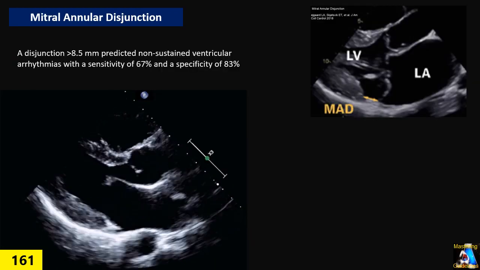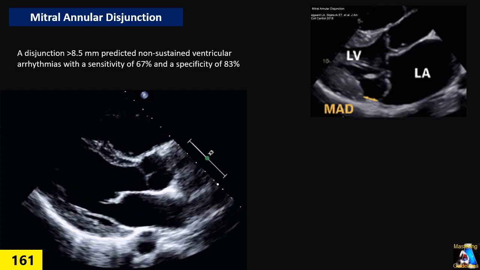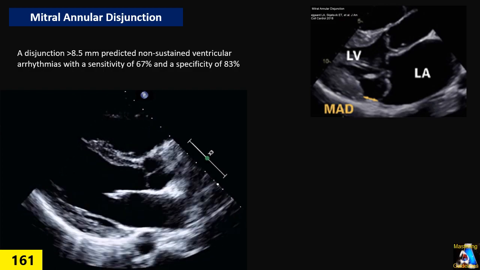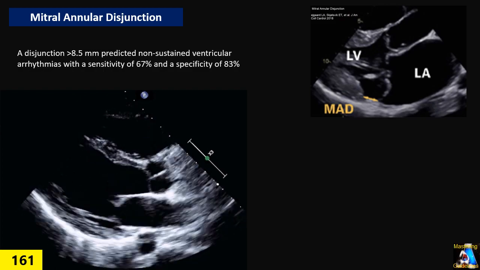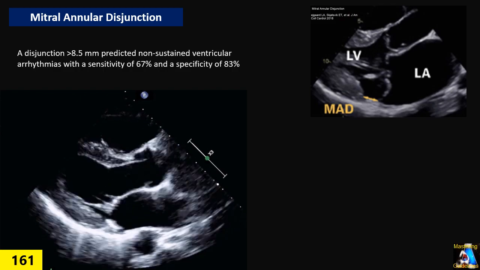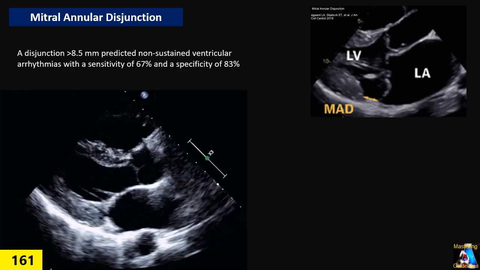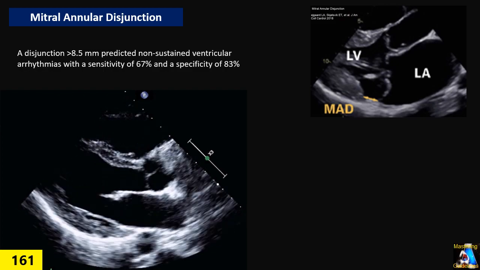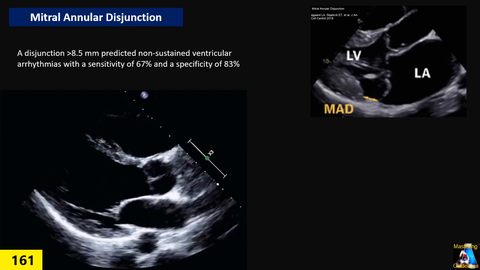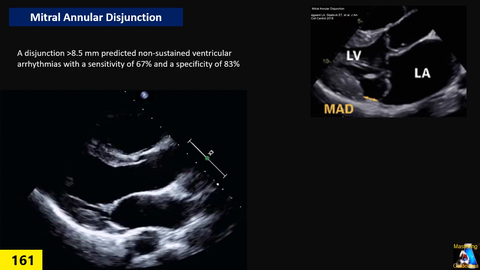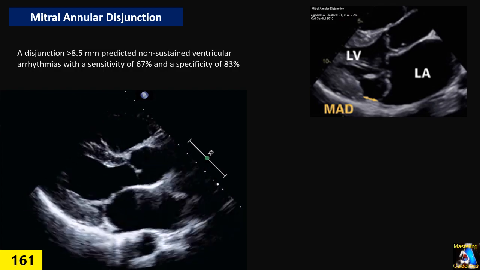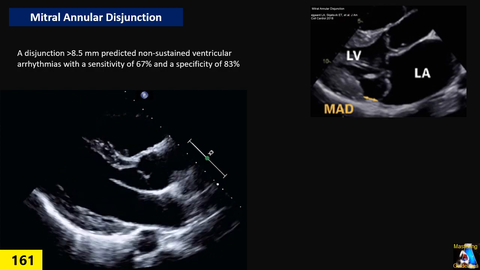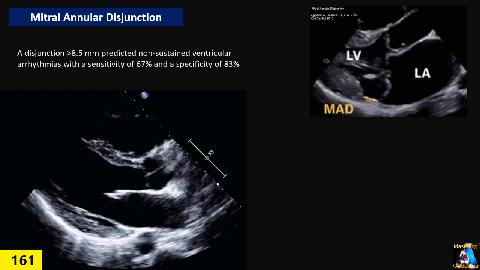In the normal situation, the mitral valve annulus junction and insertion are connected to the base of the left ventricle, and they move together toward the apex during the systolic phase. But whenever this insertion separates from the left ventricle base, we call it disjunction if it's more than 1 millimeter.